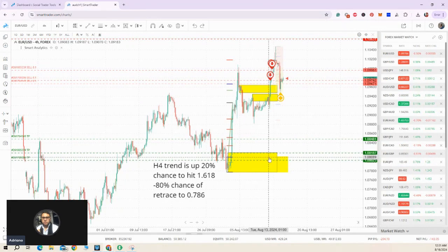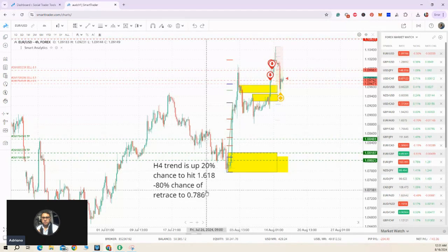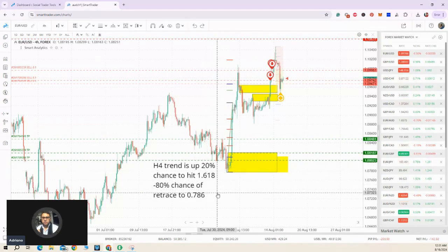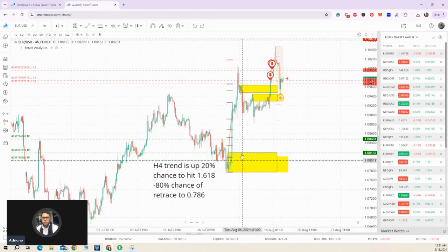Even better if the market comes all the way back to 74, 86%. So on this trade here, I was waiting for the market to retrace to the 786, but it didn't, and it went straight to the profit target.